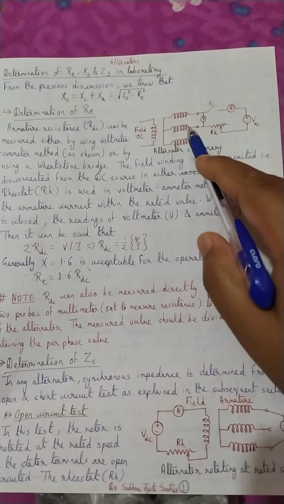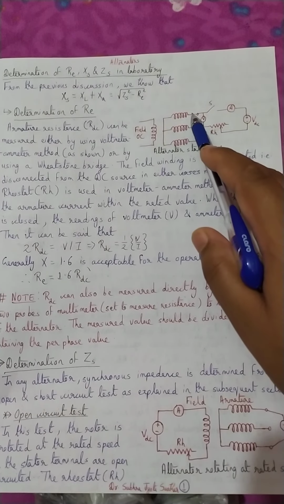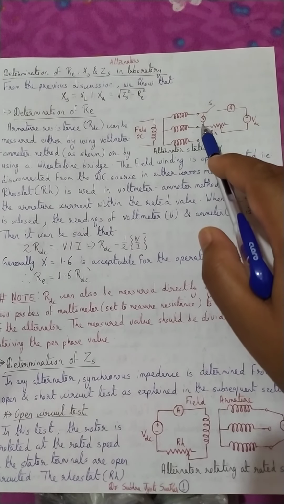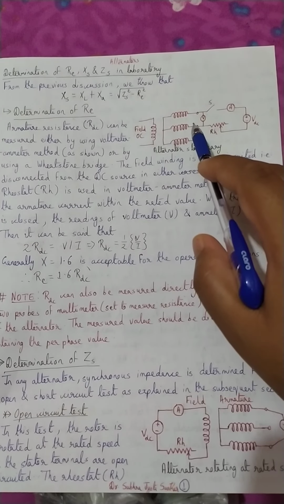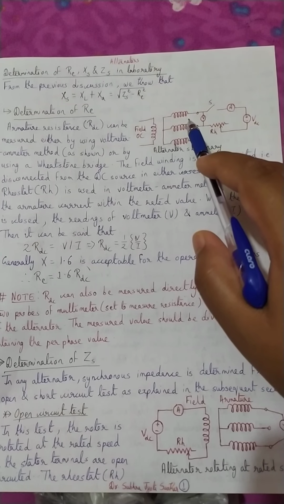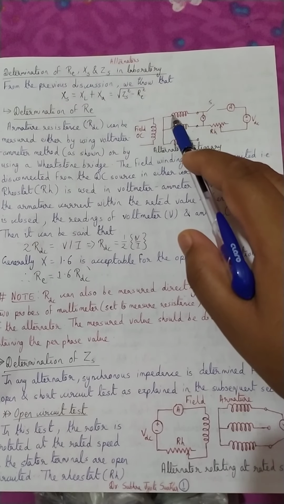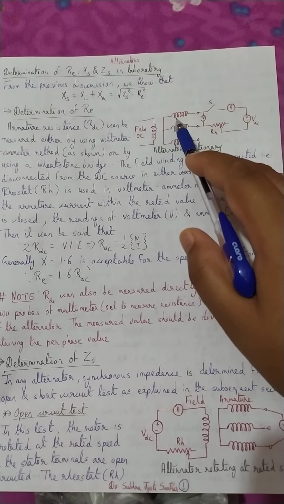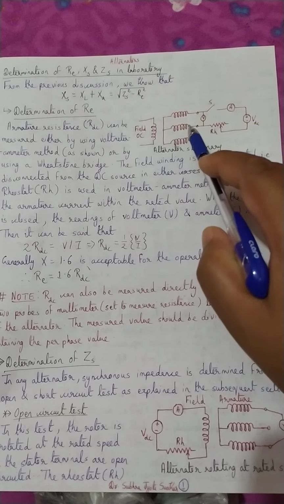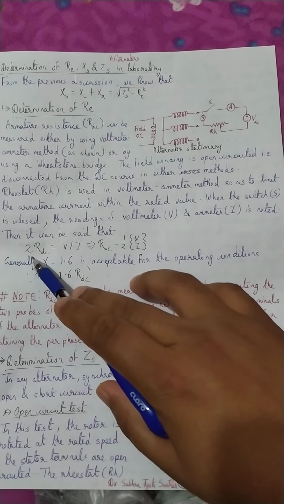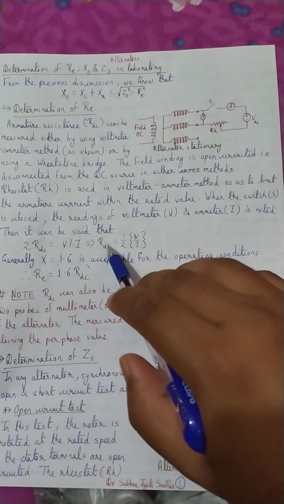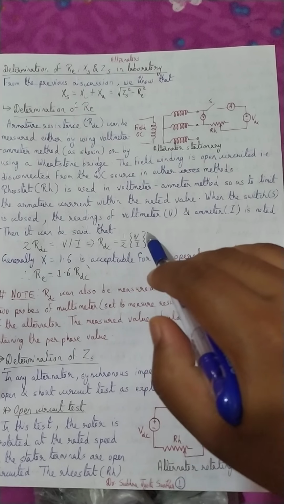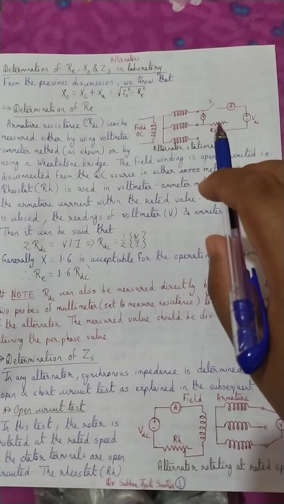The DC resistance of this path will be V by I. Now this part comprises two armature conductors. If one has the resistance of RDC, this part will have the resistance of 2 RDC, which should be equal to V by I. Therefore the DC resistance would be equal to half V by I.